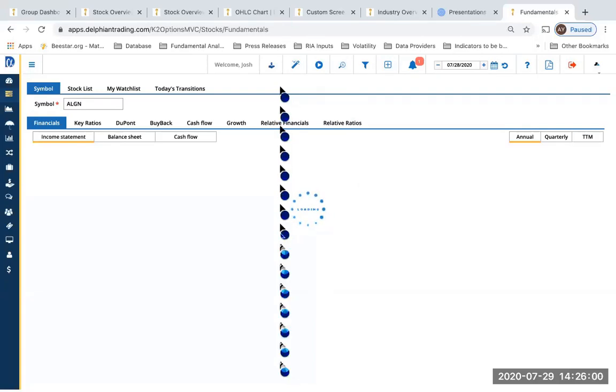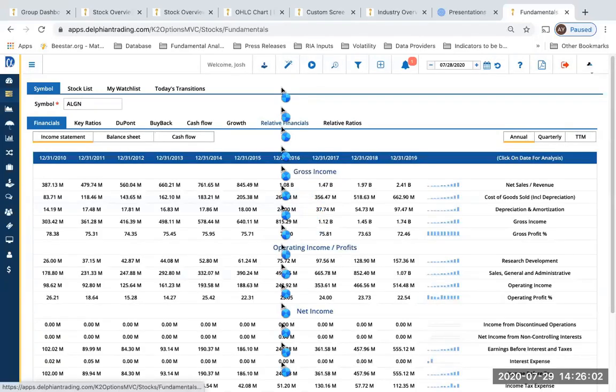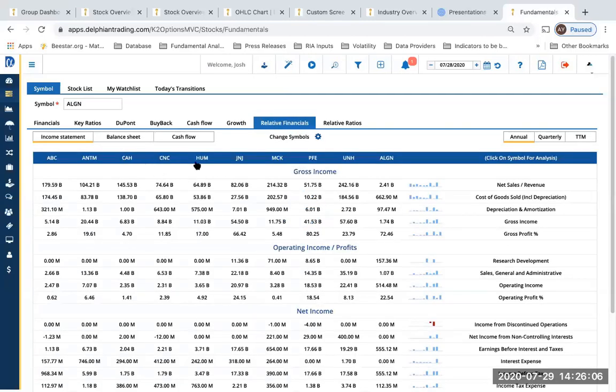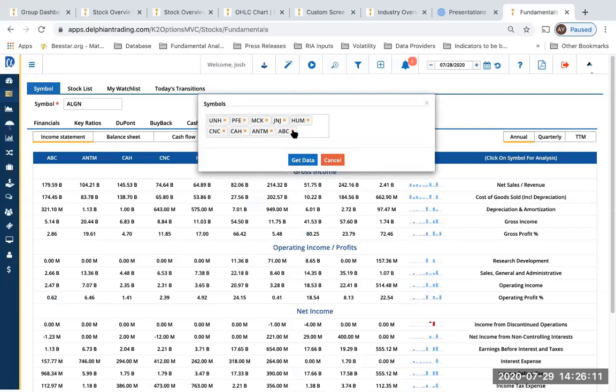So if we go to the relative financials here in the stock overview, it automatically pulls DXCM, or it did not pull DXCM, but we can change that symbol. We can take away DXCM.